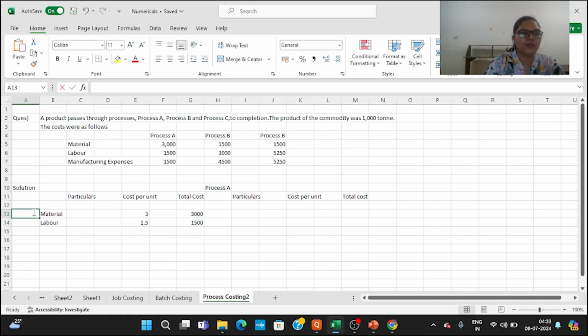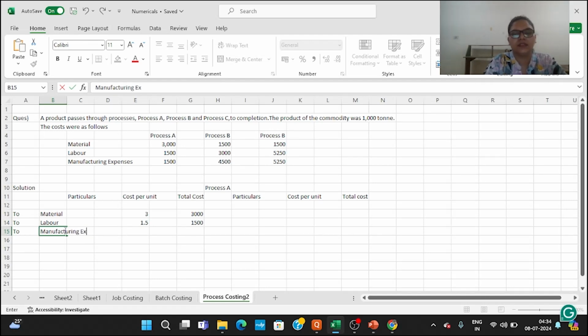You can write "To material, to labor, to manufacturing expenses."